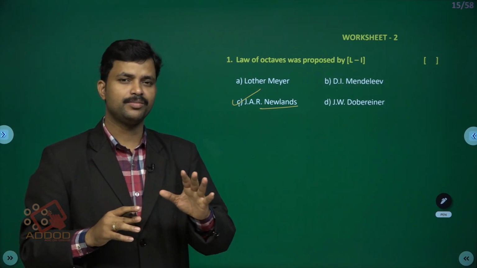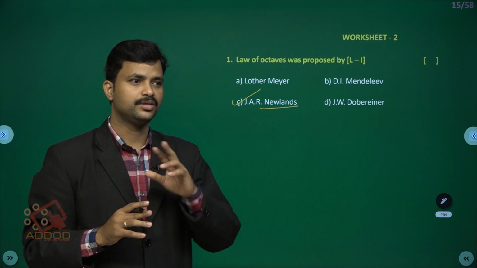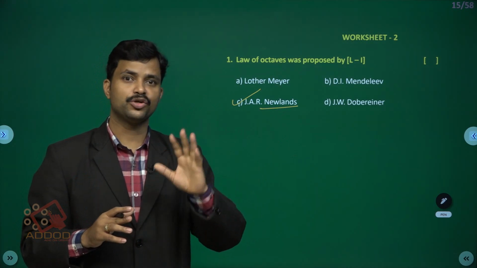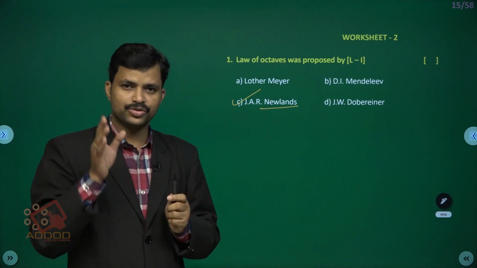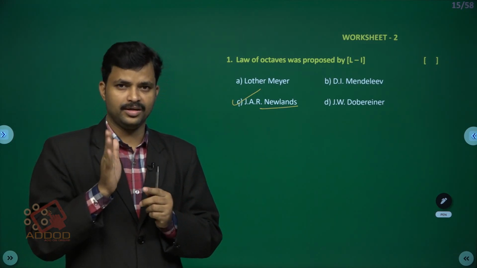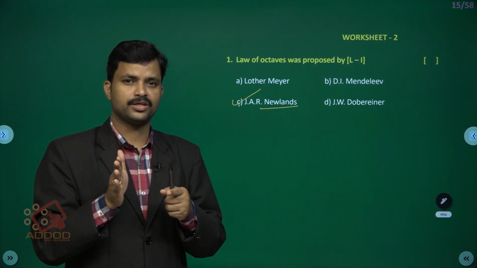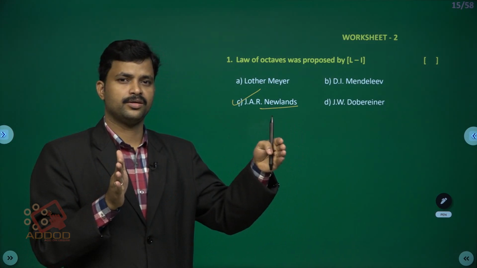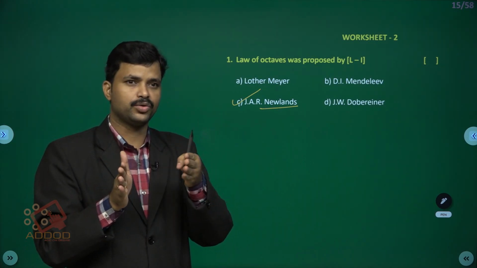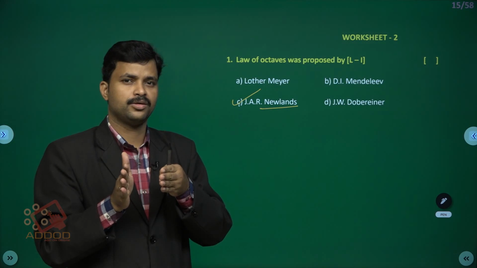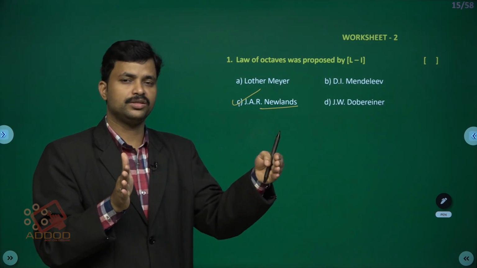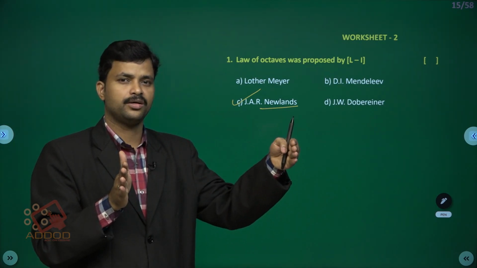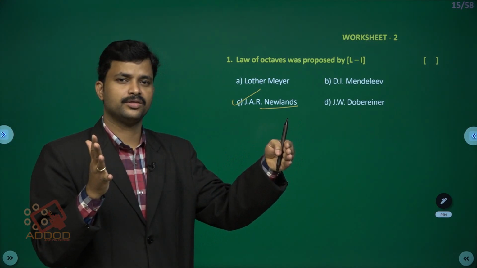Suppose the first element is lithium. At that time the zero group elements were not discovered. Take lithium as 1, after that beryllium, boron, carbon, nitrogen, oxygen, fluorine. There is no neon at the time.